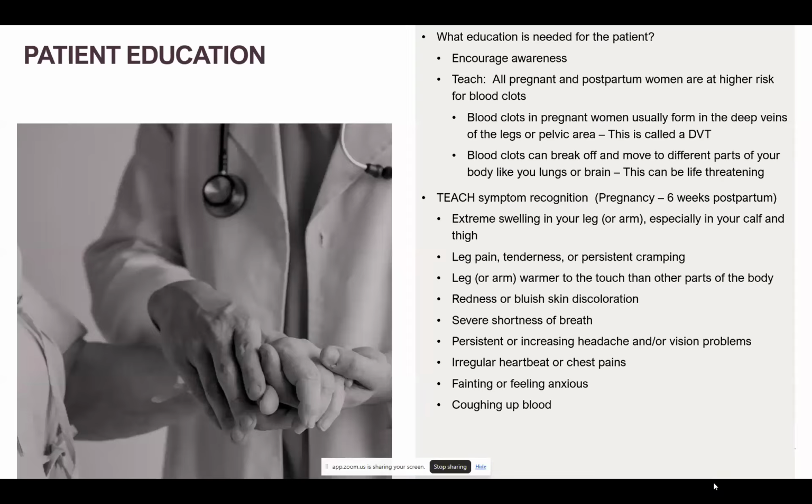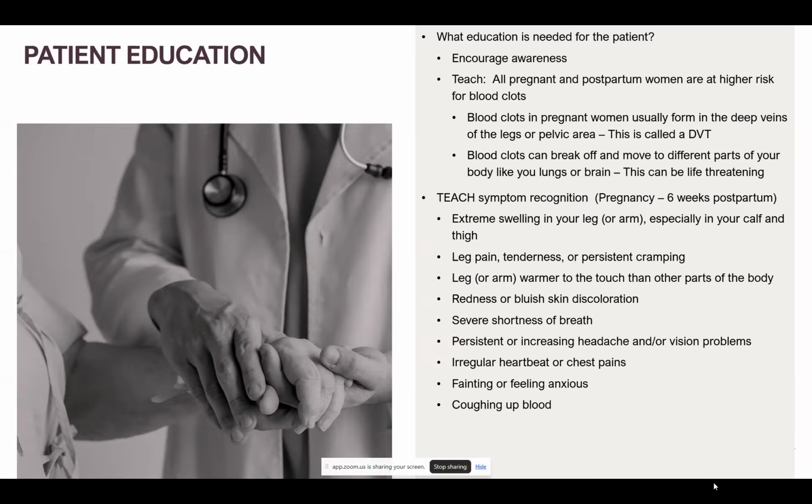You are pregnant and you are postpartum, so that alone puts you at a higher risk for blood clots. A blood clot in your leg is called a DVT. A blood clot in your lungs can be life-threatening, or into your brain, and we need to make sure that they know how to advocate for themselves or get to the emergency room and call their providers.